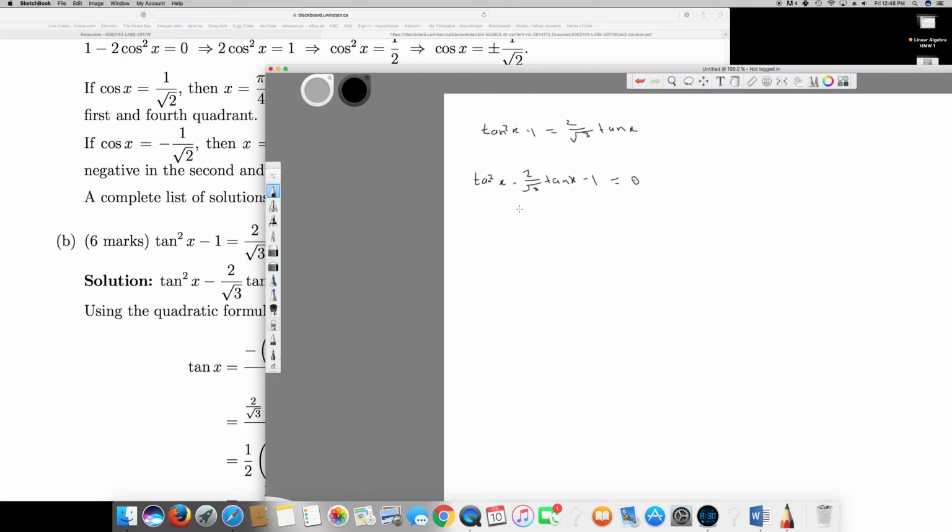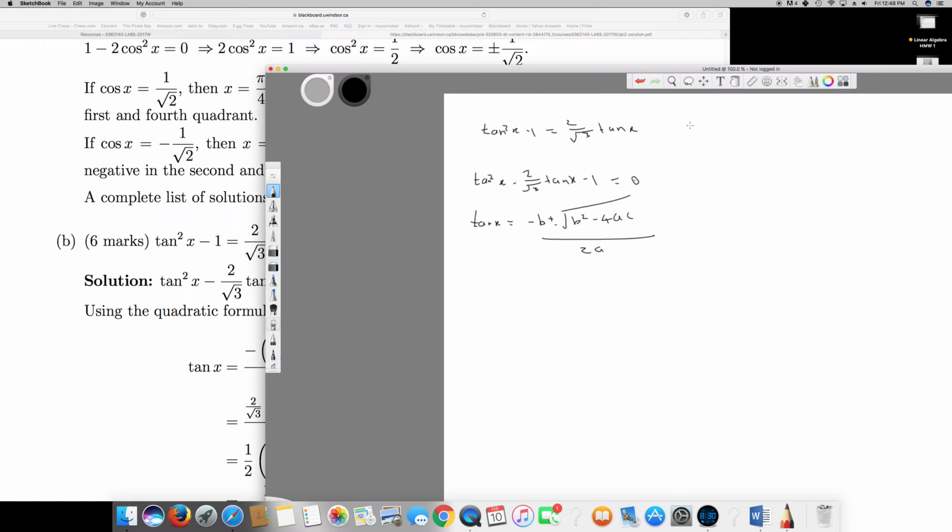So let's do that. So tan x is going to be equal to minus, let's write the formula first so it will be easier for us to do. So minus b plus or minus square root of b square minus 4ac over 2a. So this is going to be my formula.